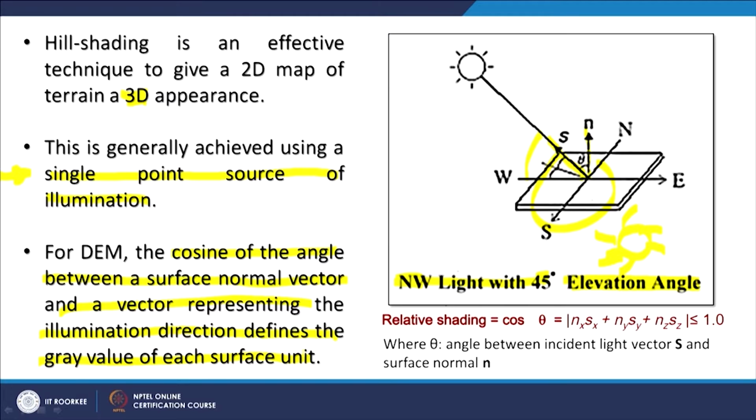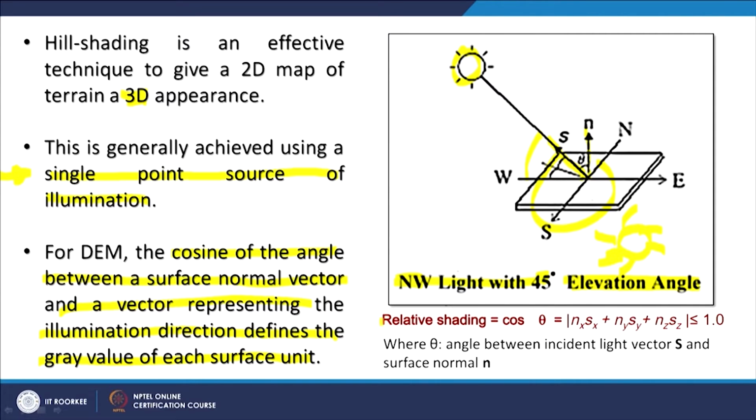So, with this sun position, if a slope is facing the sun, it will be highly illuminated. But if a slope is opposite to the sun direction, it will be in shadow. Once you have shadowed and illuminated surfaces or slopes like this, you start feeling the appearance of 3D from a digital elevation model after this processing.